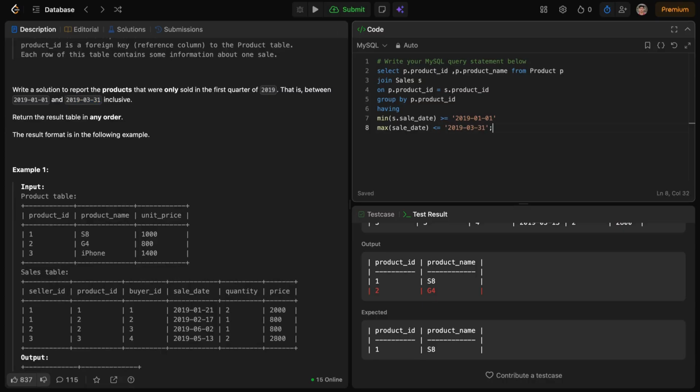And why less than or equal to? Because they want it inclusively. They want from this date till this date, not the between.